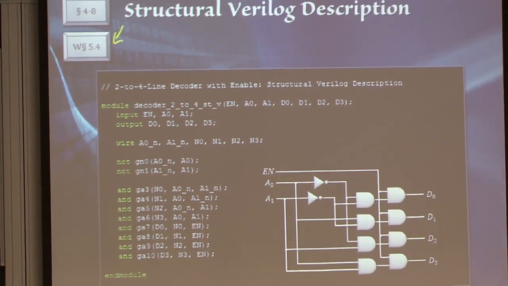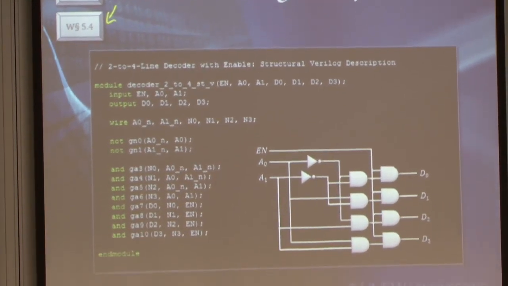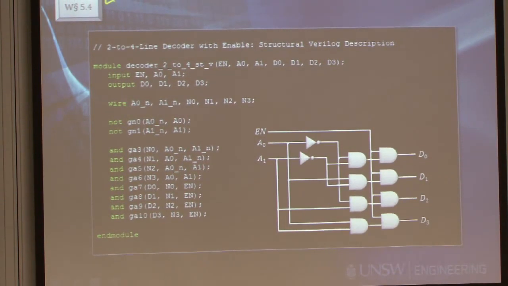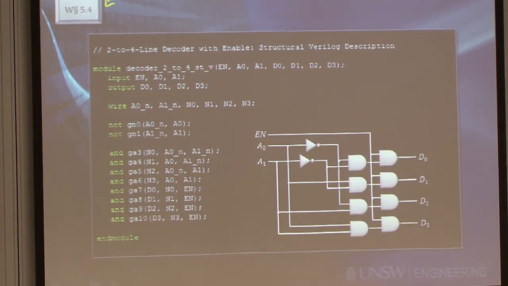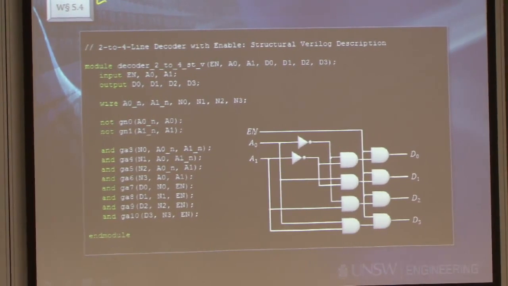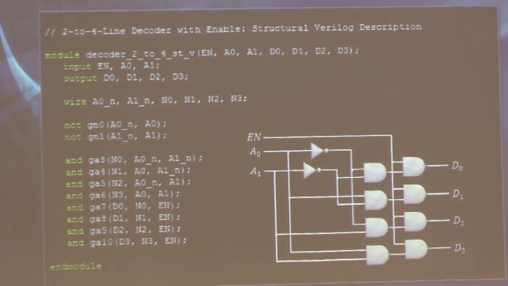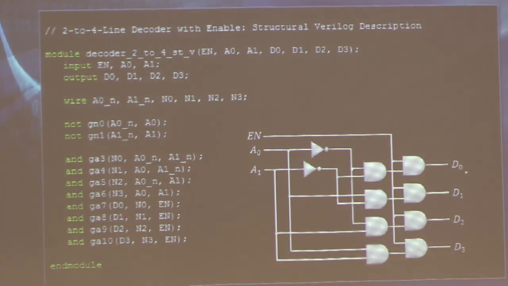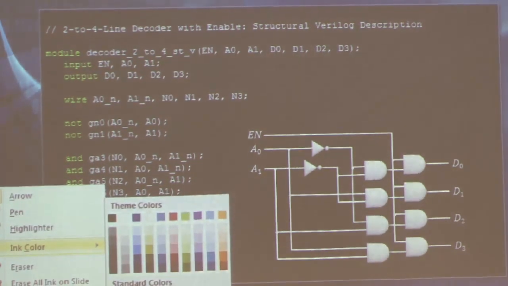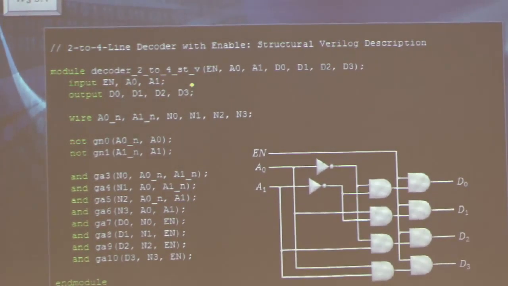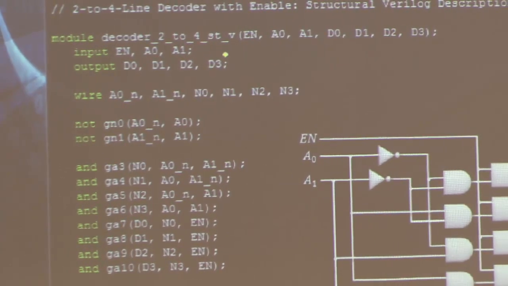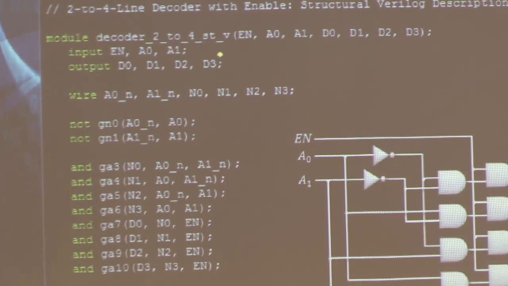Well, I said we're implementing this decoder. It's a decoder with an enable signal, so we'll have the enable signal, the two A1 and A0 input signals, and the four outputs, D0 to D3. In terms of port names, I've got the module name, which is just a descriptive name, decoder 2 to 4, I don't know what ST stands for.